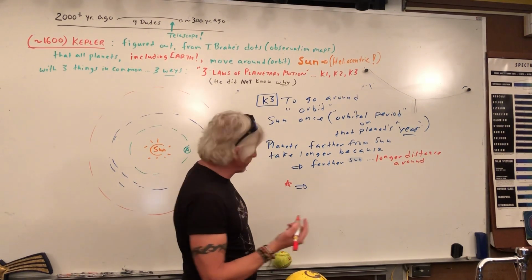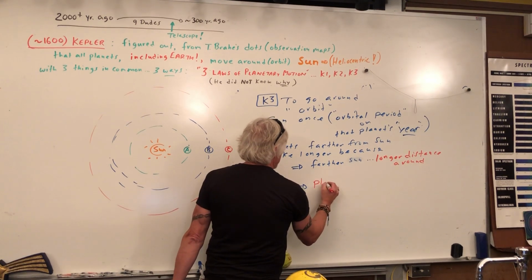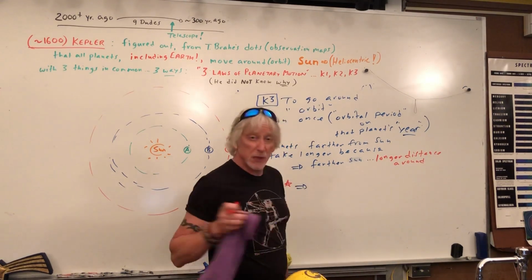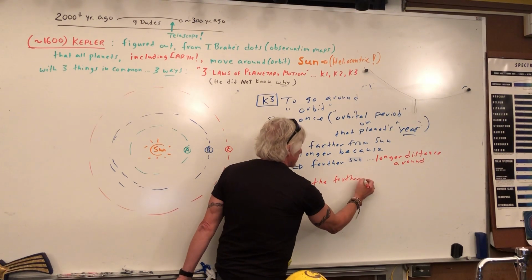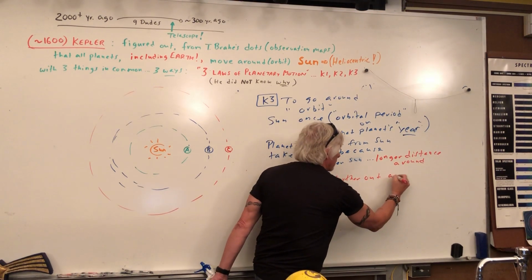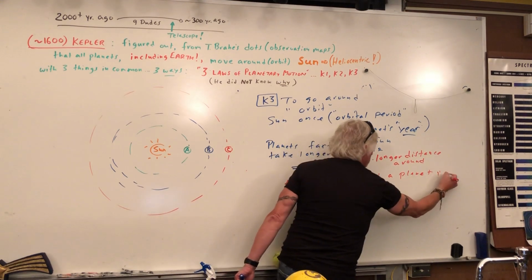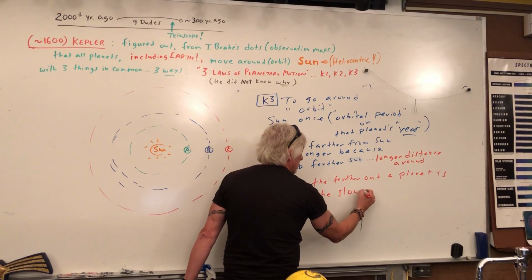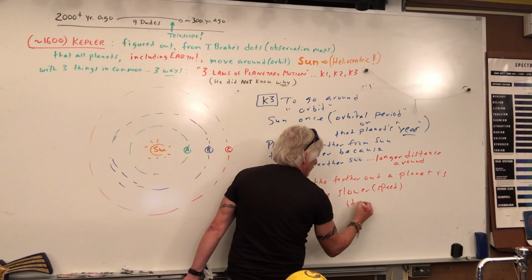He said, the farther out a planet is, the slower it travels, slower speed. I said I wasn't going to write it, but the farther out a planet is from the sun, the slower speed it moves.